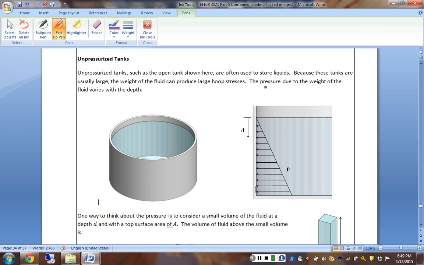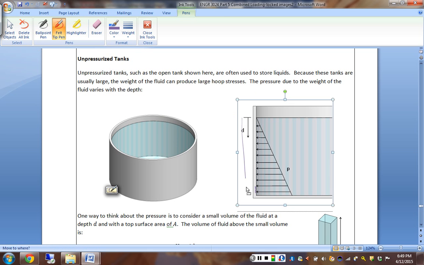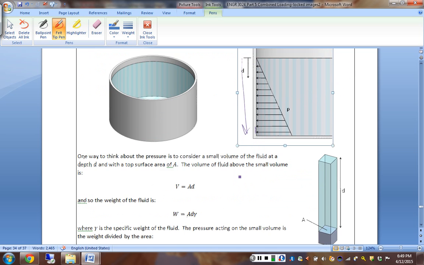From the fluid mechanics of it, the pressure due to the weight of the fluid varies with increasing depth.